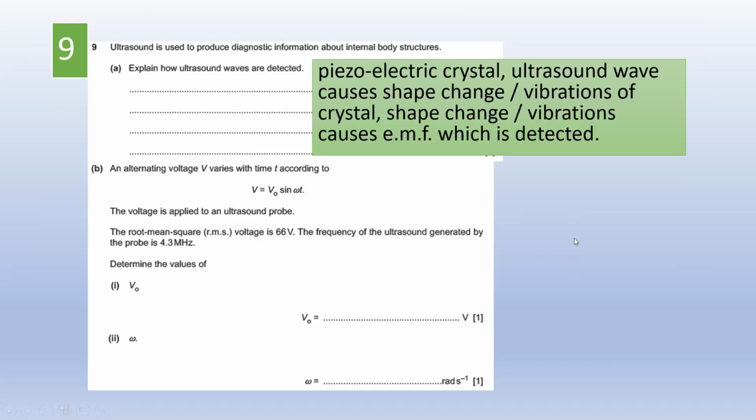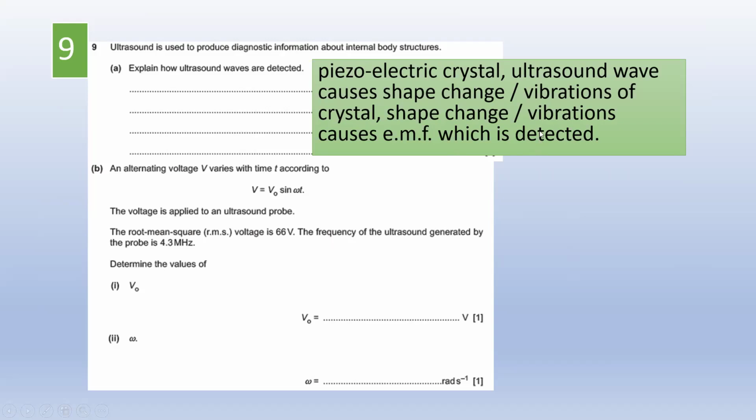First, detected by a piezoelectric crystal; if a mark, we use piezoelectric crystal. Sound wave causes a change in shape or vibration of the crystal. The change in shape or vibration causes EMF, which is detected.